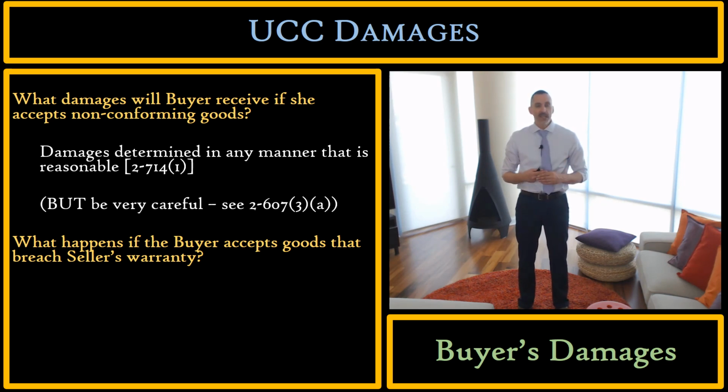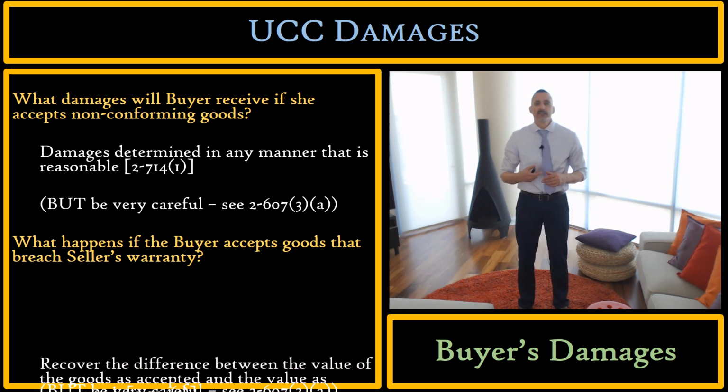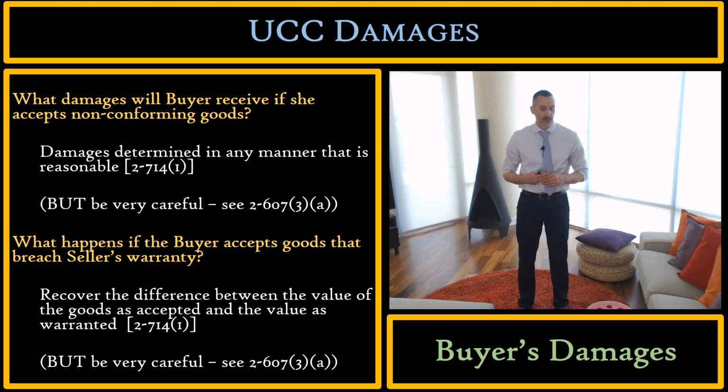So what if seller delivers goods to buyer that do not conform to seller's warranty of the goods? Well, the answer is simple. Buyer is entitled to recover the difference between the goods as warranted and the goods as delivered. We have the same limitation though.